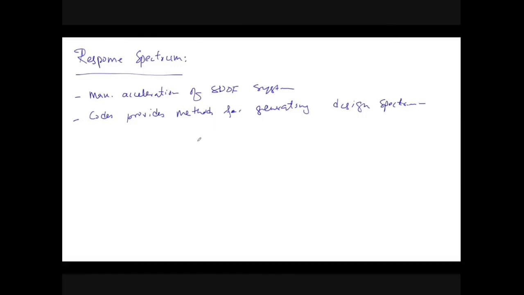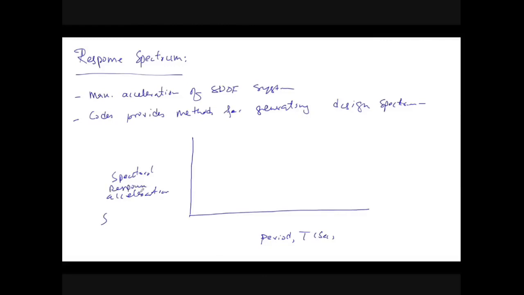So how does the spectrum look? If this is the y-axis and this is the x-axis, the x-axis of this spectrum is the vibration period, T, in seconds, and the y-axis is spectral acceleration. And we can say spectral response acceleration, SA.